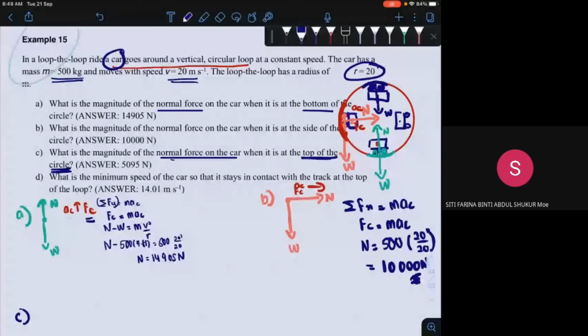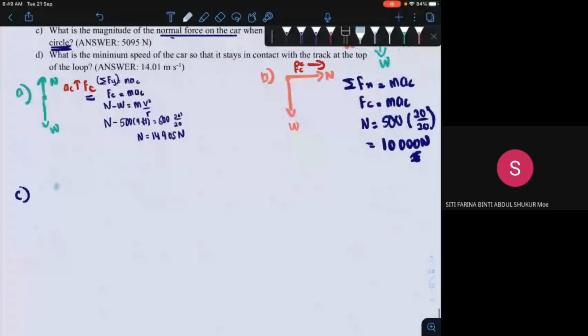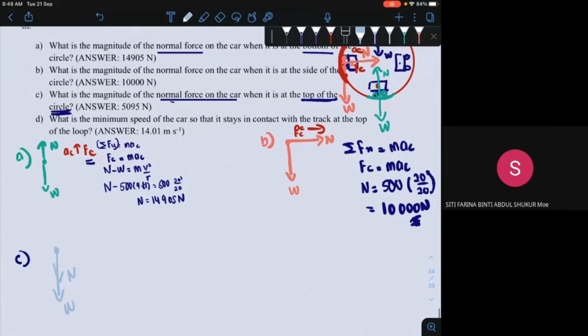So, your normal force pun ke bawah. So, as you can see here, you're going to have weight ke bawah. Begitu juga normal force kamu pun ke bawah. And then as you at the top, AC kamu downwards, begitu juga FC kamu pun downwards.